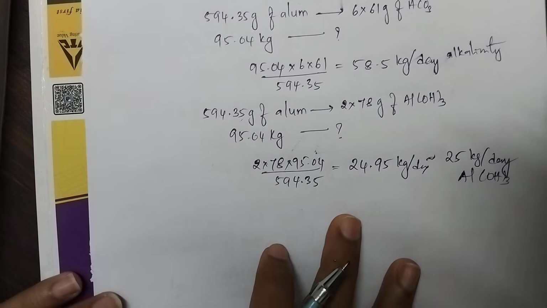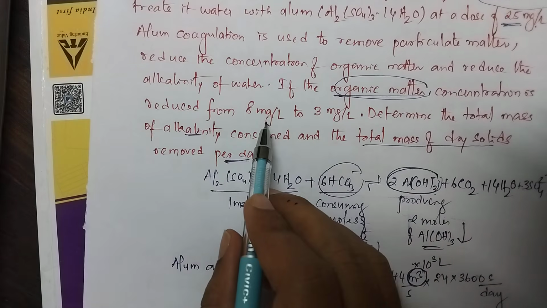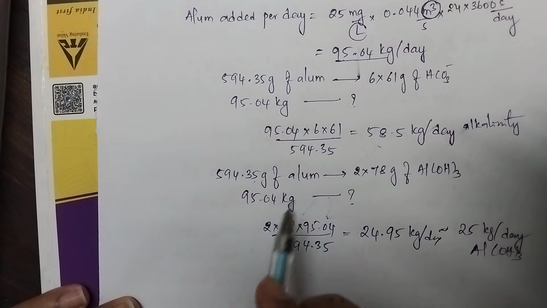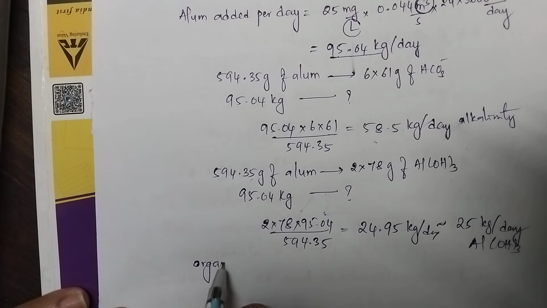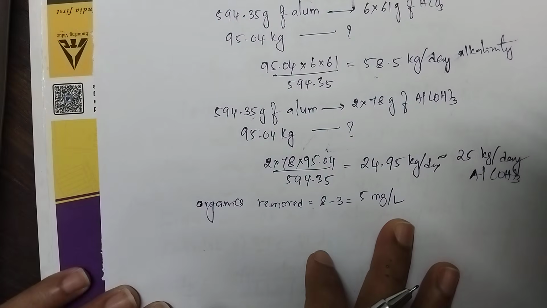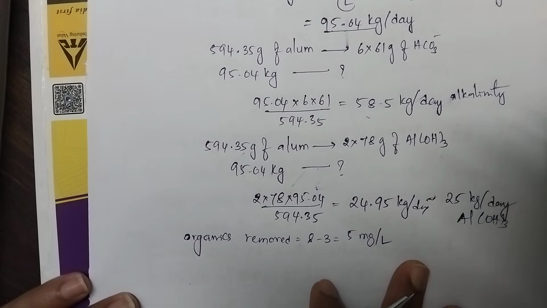Next, how much organic matter is being settled? So you can see the entry is 8 milligram per liter and outgoing is 3 milligram per liter. So organics removed is equal to 8 minus 3, that is 5 milligram per every liter. But how much liters of water is being processed?